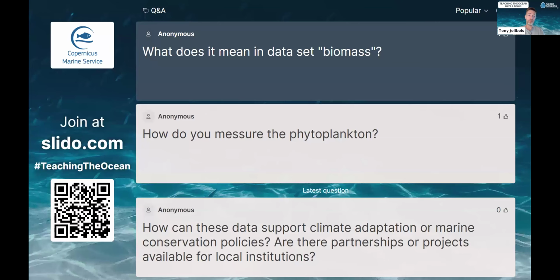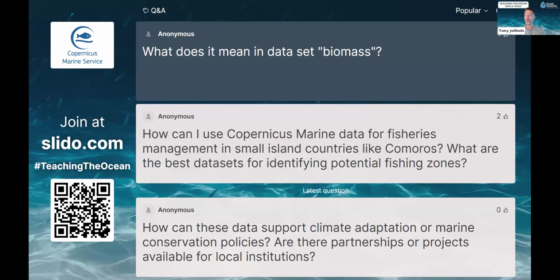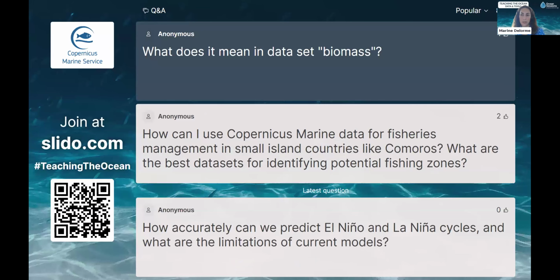I mean, we could spend 2 hours answering this question, but yeah, biomass is the first step of the food chain of the earth. Yeah, it could be phytoplankton biomass or zooplankton biomass, for example. So yeah, it can mean several things. It can mean we're looking at several different things.